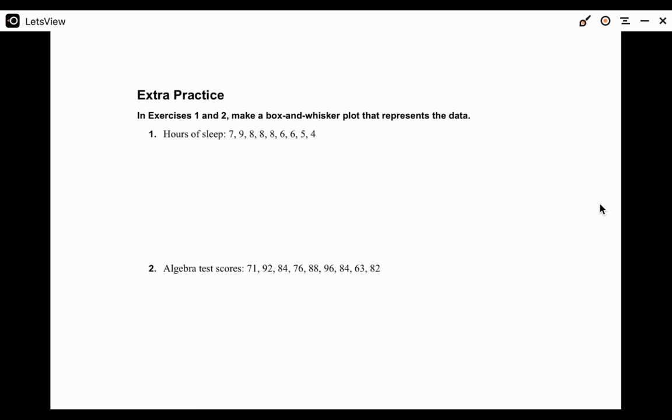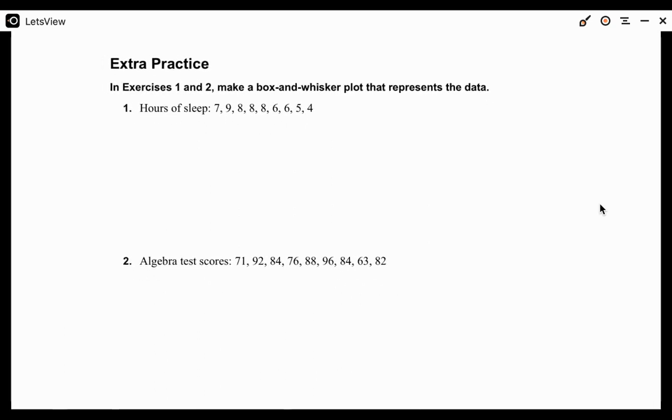First we're going to practice making a couple of whisker plots. First, you have to rearrange your data. So put it back in order going from least to greatest. I'm going to rewrite it: 4, 5, 6, 6, 7, 8, 8, 8, and then 9. So new order.